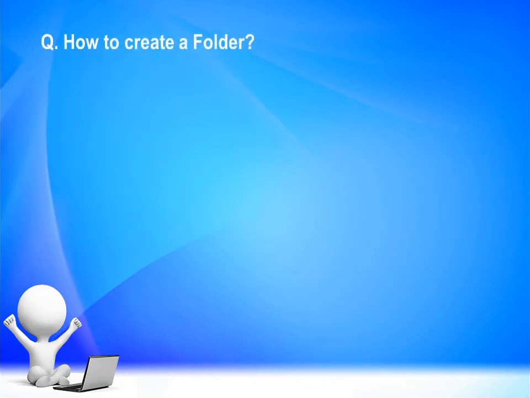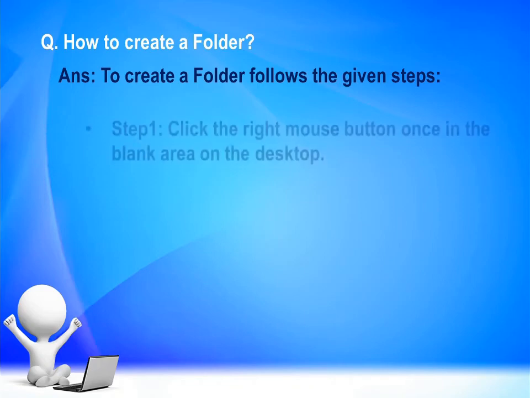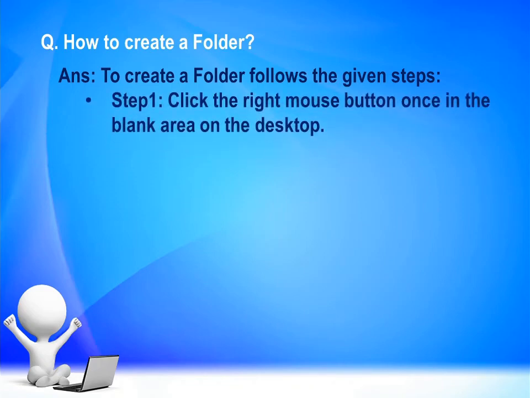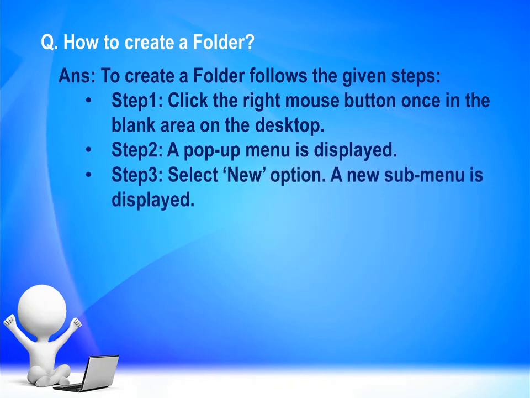Next question. How to create a folder? To create a folder, follow the given steps. Step 1. Click the right mouse button once in the blank area on the desktop. Step 2. A pop-up menu is displayed. Step 3. Select New option. A new submenu is displayed.